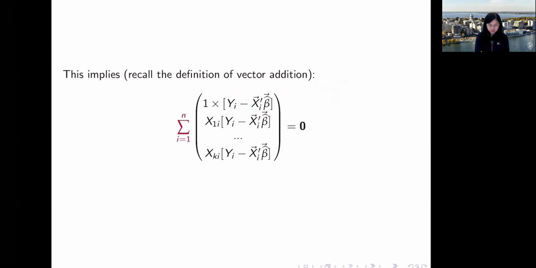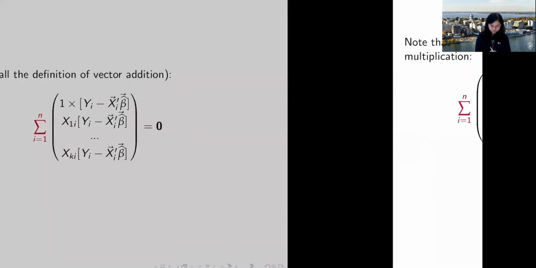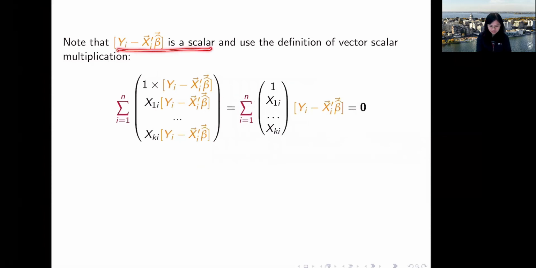This is a scalar, and it is common across all the elements of this vector. So what do we say? We can factor out this scalar. Because that is a scalar, we can factor it out.